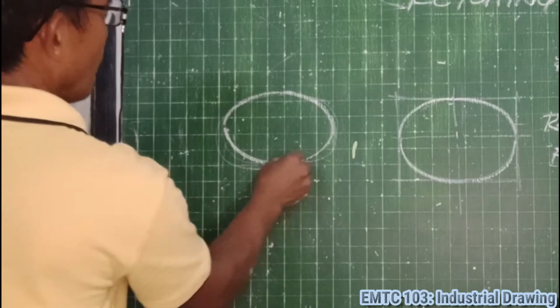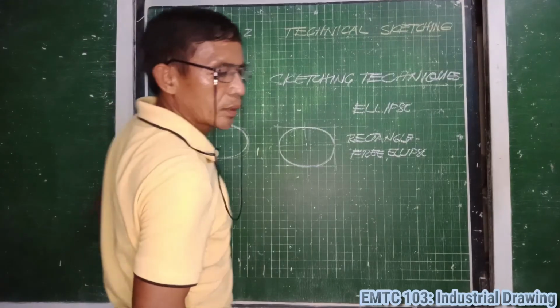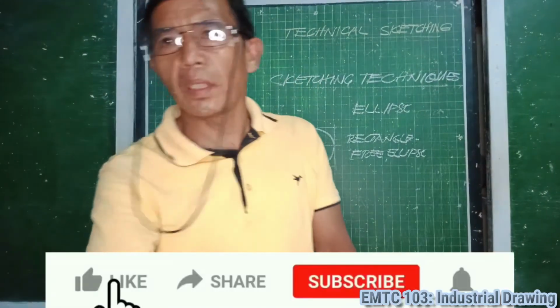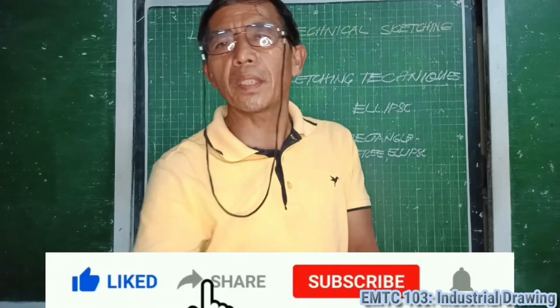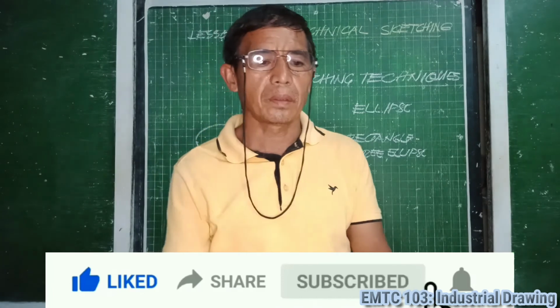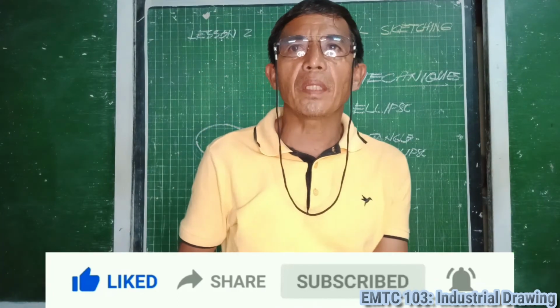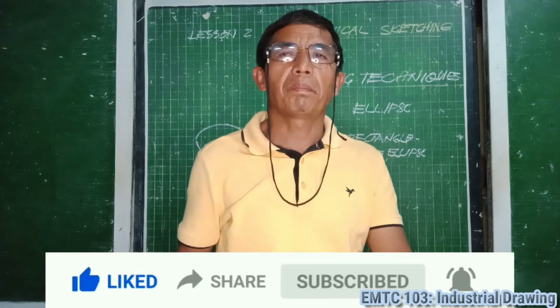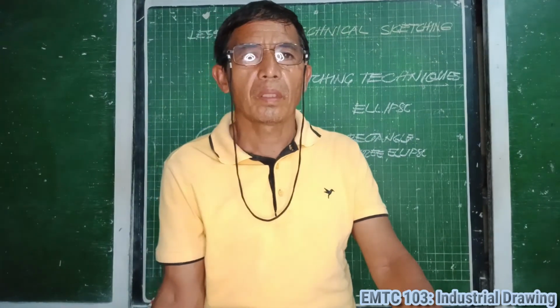You just draw an ellipse. So that is about sketching strategies or techniques and sketching different lines. We'll be applying this when you make or apply it in orthographic sketching and also lettering. So thank you, and I hope you have learned something.